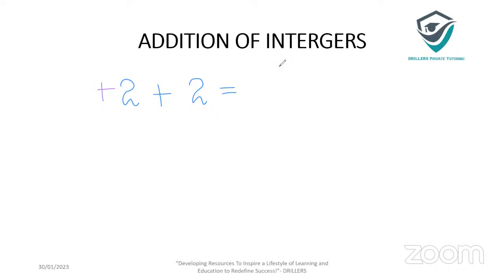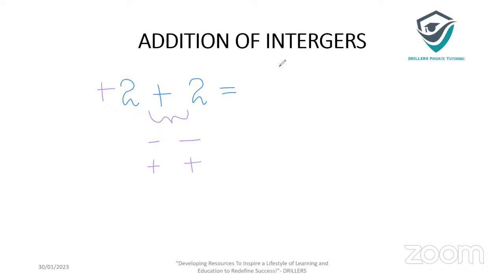Now the second 2, there's an addition operation there. If we were to separate this and understand what that operation means, when we have an addition sign in between 2 integer numbers, we can see that this addition sign can be split into 2 negative signs or 2 positive signs.